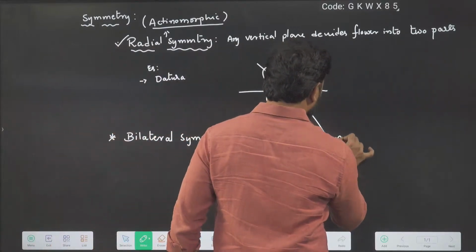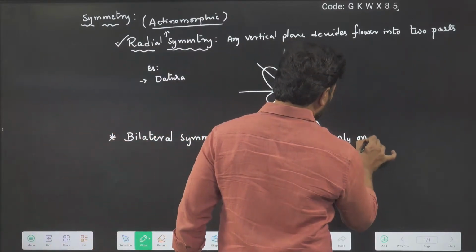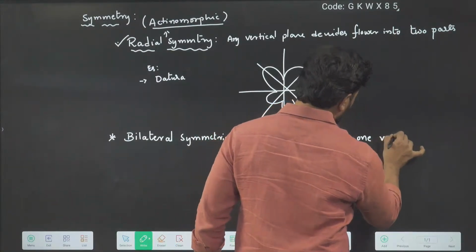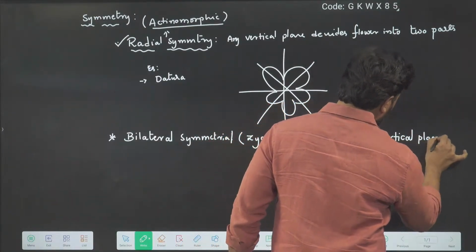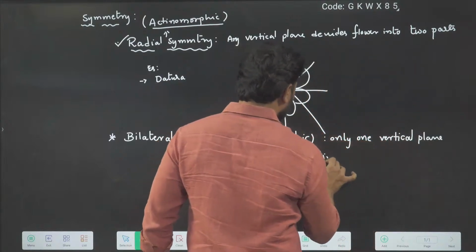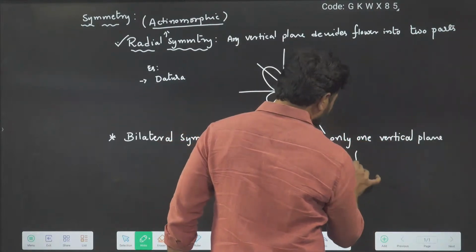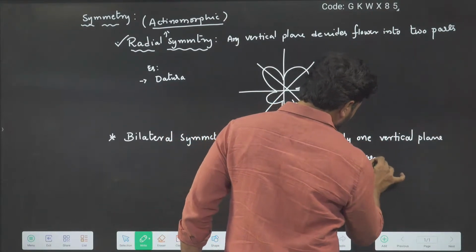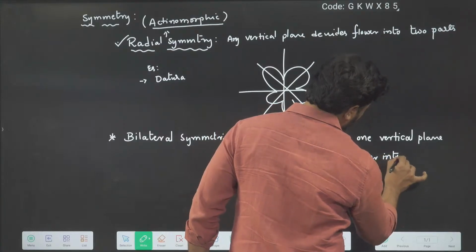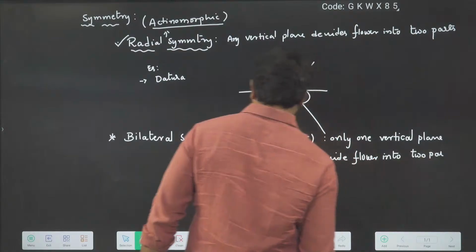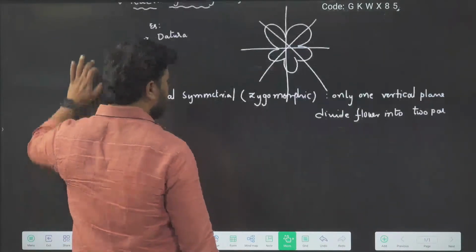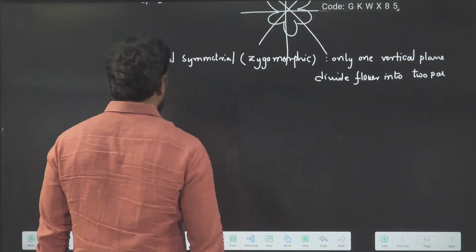Only one vertical plane can divide the flower into two equal parts.